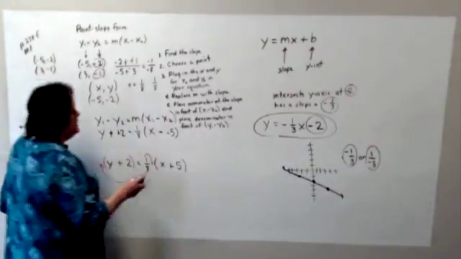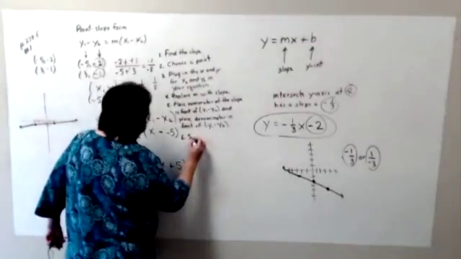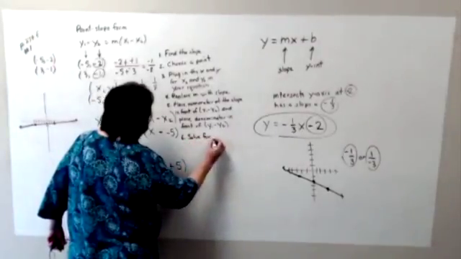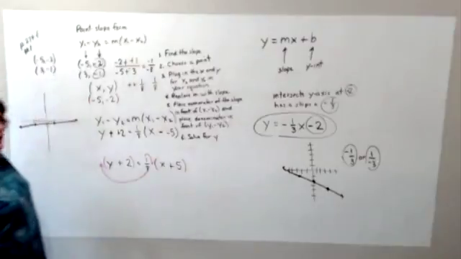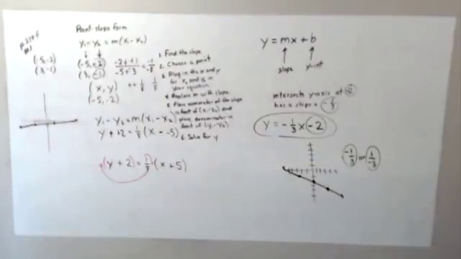And step 6 is solve for y. Solve for y means get y alone.